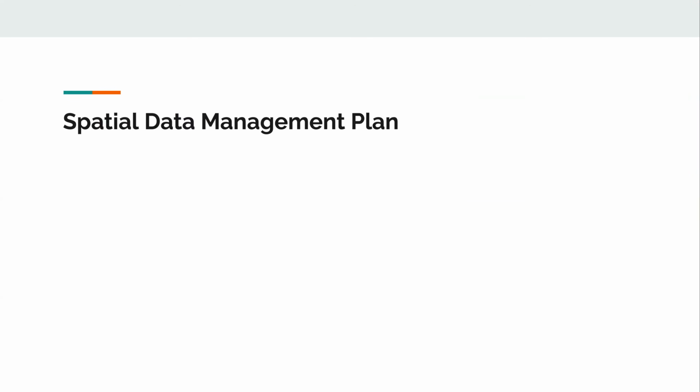The big thing we have to think of, and what we do with most of our clients when they come in and say, we want to move towards open source GIS, we want to move our data into a database, is we have to pump the brakes a little bit and say, let's talk about a spatial data management plan. We need to figure out the data governance framework.